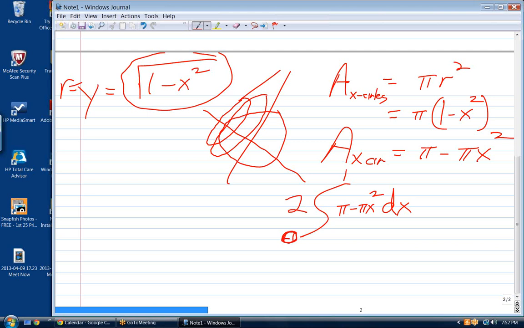It wouldn't always be. In other words, if our base circle was not symmetrical about the origin, I could not do that. But as long as that base circle is symmetrical about the origin, I know that the volume of those cross-sectional circles from 0 to the y-axis is going to be the same as the volume of them from the y-axis to this right point on x.